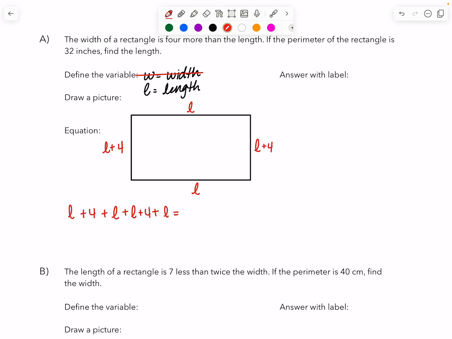All right, and then it says my total perimeter is 32 inches, so it's going to equal 32.